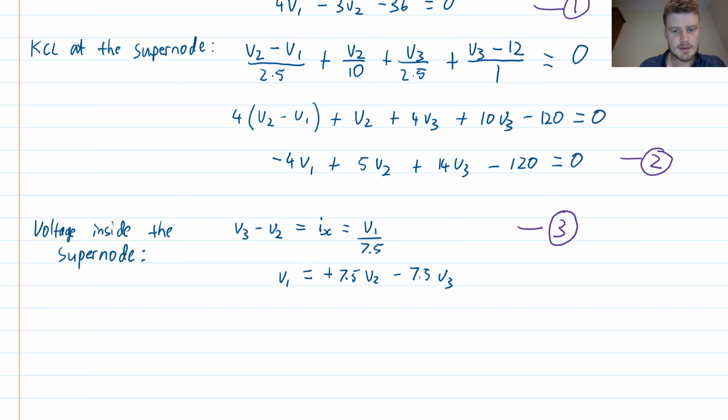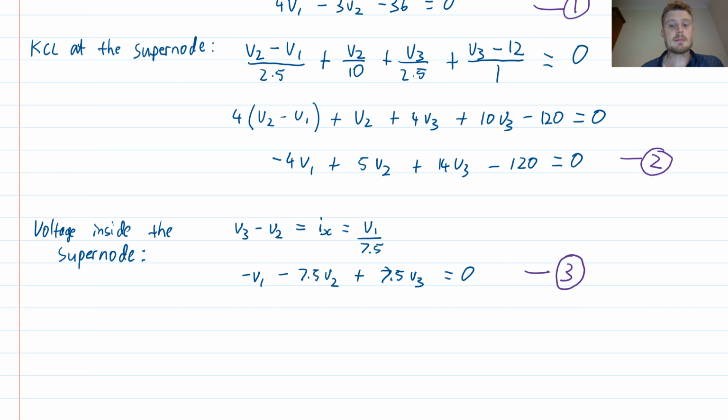Oh, excuse me, what am I doing? I'll try this again. I'm going to bring everything to the same side, so I will have minus V1 also multiplied by 7.5, so minus V1 minus 7.5 V2 plus 7.5 V3 is equal to 0. And let's actually call that one equation 3. So that's kind of a cleaned up version of that.